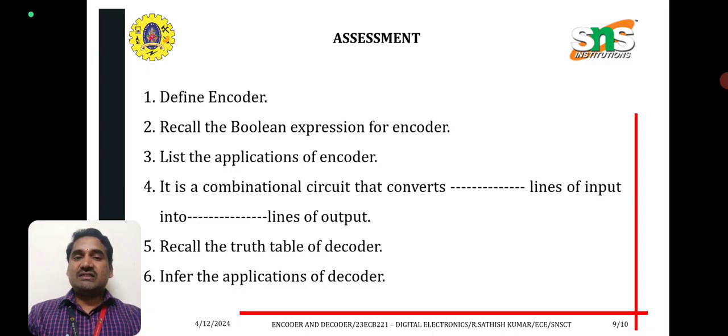When the input is 000, D0 will be high; 001, D1 will be high; 010, D2; 011, D3; and so on, up to 111. For inputs 0 to 7, the outputs D0 to D7 will be high respectively.